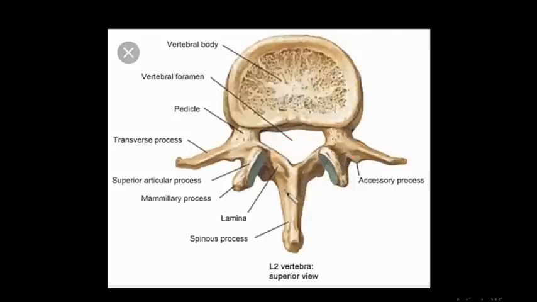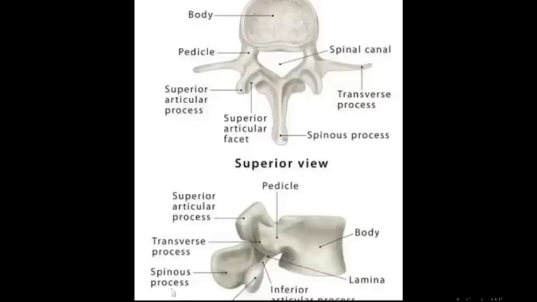You can see the spine here. These are pictures of the lumbar vertebrae, showing the superior view and the lateral view. So we understand this now.